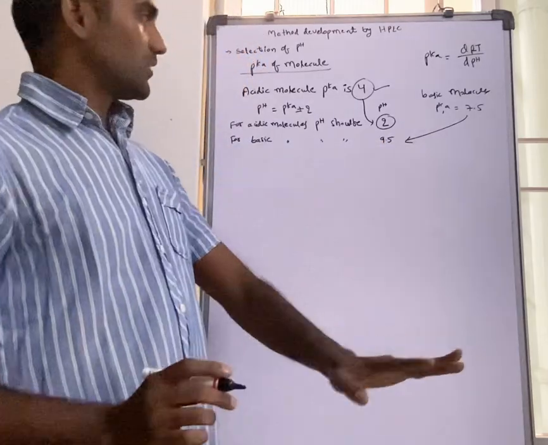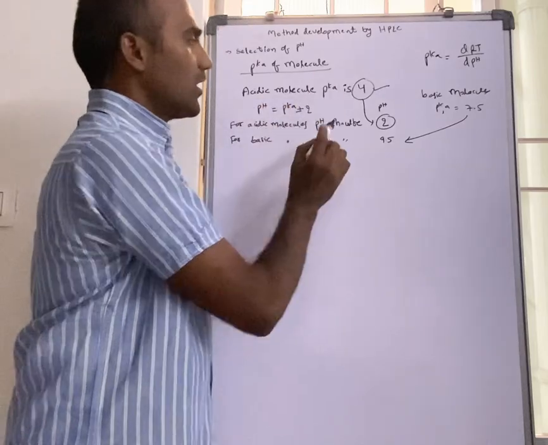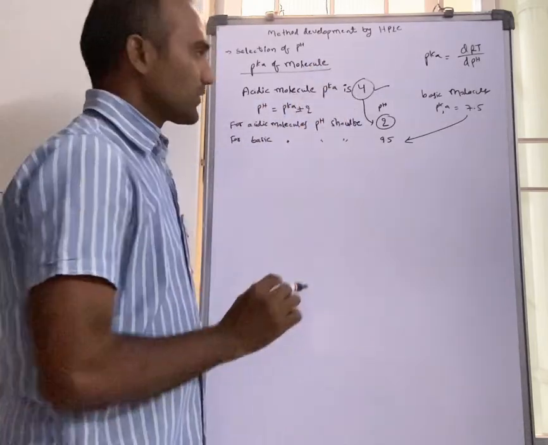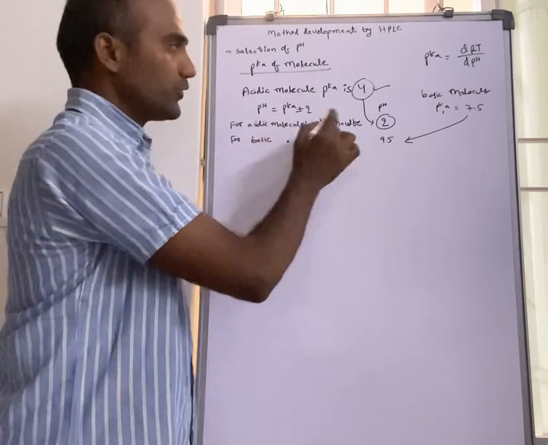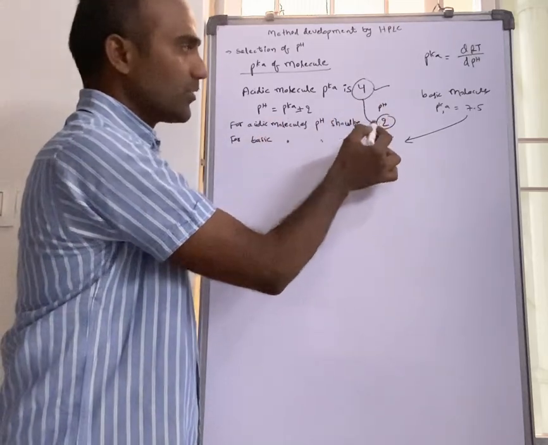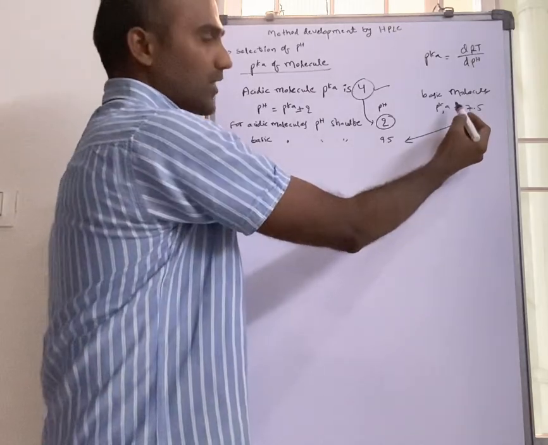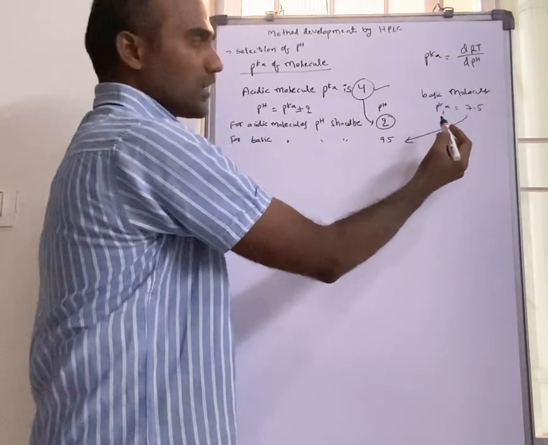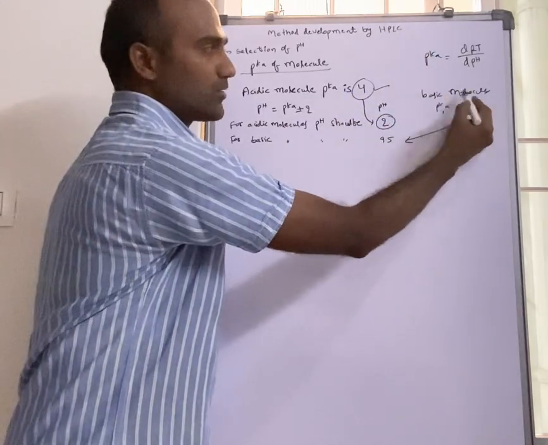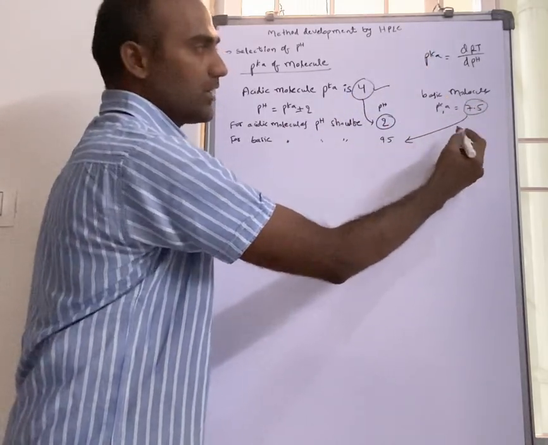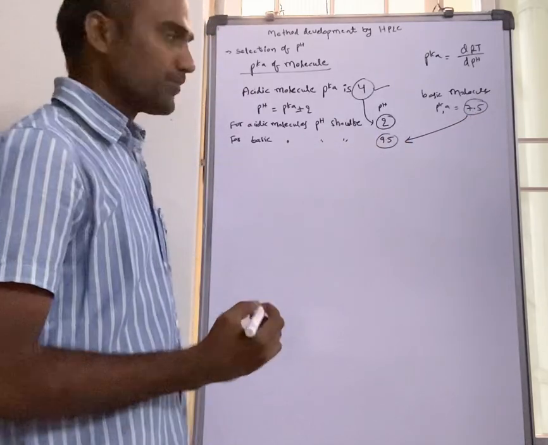Here, just listen carefully. Acidic molecule pKa is 4. For this, the mobile phase pH should be 2 units less than the pKa of the molecule, so pH should be 2. For basic molecules, the pH should be 2 units above the pKa of the molecule. Here the basic molecule pKa is 7.5 and 2 units above this, so pH should be 9.5.